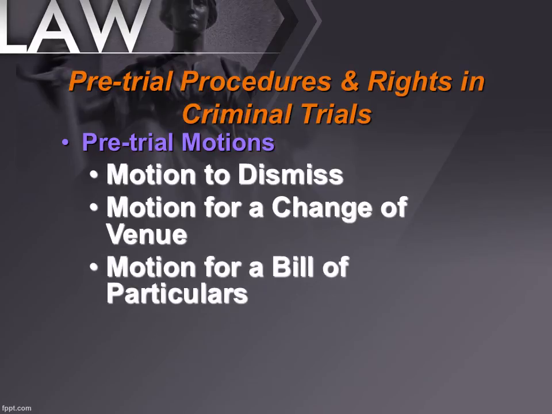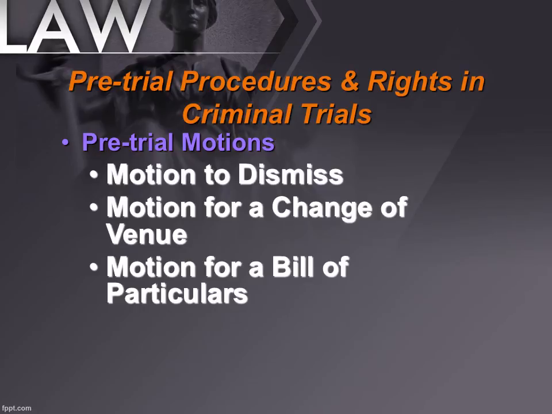Okay? An additional motion that you don't find in civil, but you find in criminal, is a motion for a bill of particulars. This is most closely aligned with a motion for specific allegations. Here is where, when you claim under civil specific allegations, in criminal you ask for a bill of particulars, meaning how specifically or what specific crime or crimes did they commit.